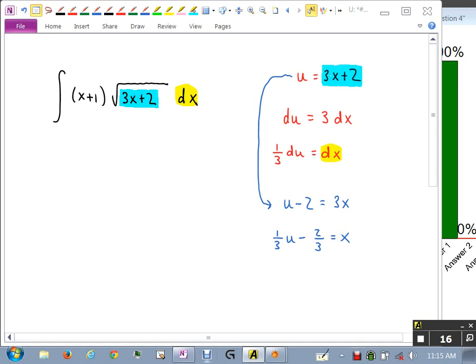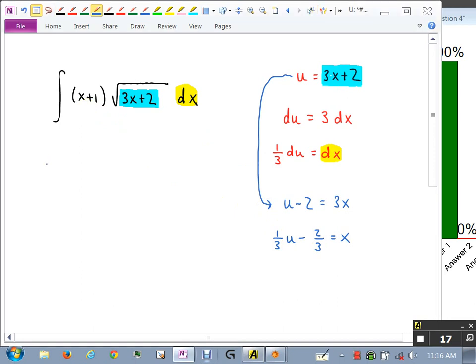Now we have to make some choices here because I know I can replace this x with 1/3 u minus 2/3. But I have a plus 1 next to it, right? So I have to make sure that when I plug this thing in, I tack that 1 on next to it. Just make sure I don't forget that.